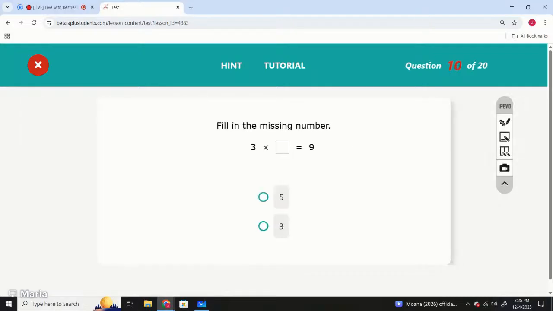Option number 2 is the correct option. Very good. 3 times what number is 9? 3 times 3 is 9. Option number 2 is the correct option.